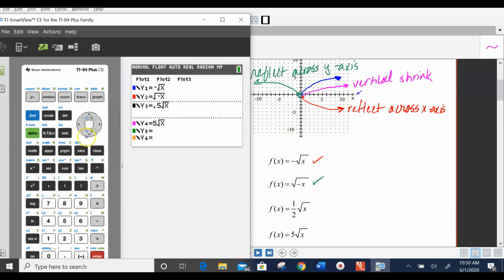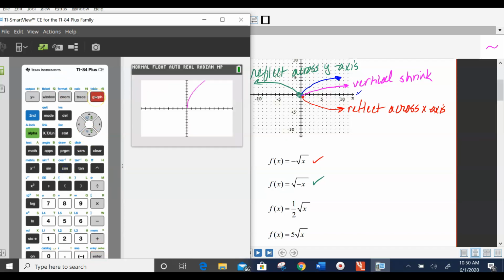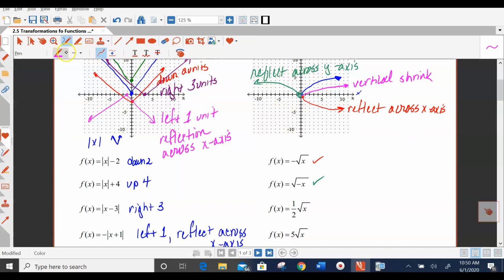I'm going to turn him off, turn him on. Okay, and let's graph him. See it? So square root of x would normally be right here, but with a 5 in front, I see it stretching vertically. So let me get that guy graphed on here. Let me go with a purple.